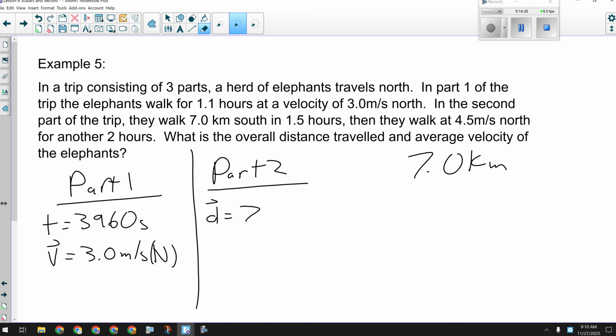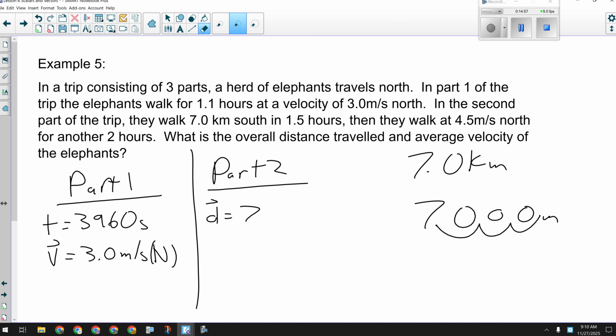I'm going to go down to meters. That's 1, 2, 3 steps on the chart. Everybody with me there? So I'm going to take 7.0 and move the decimal 1, 2, 3 times. 7,000 meters.